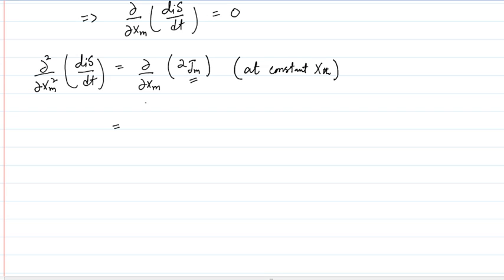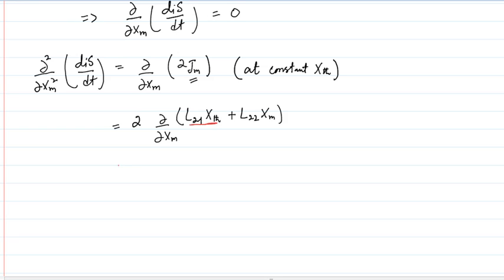So it will be simply equal to, we will reintroduce the value of Jm here. So 2 can be taken outside, so it will be 2 dou upon dou xm, and we will introduce the value of Jm again here, which is L21 xth plus L22 xm. So here you can see that this is constant, so this whole thing is constant, it will be 0.